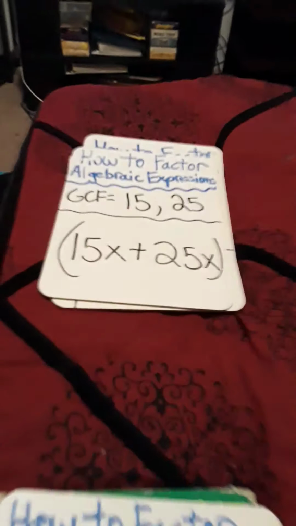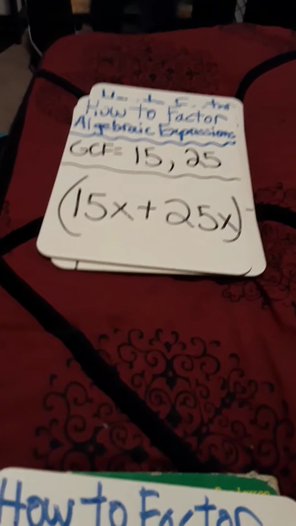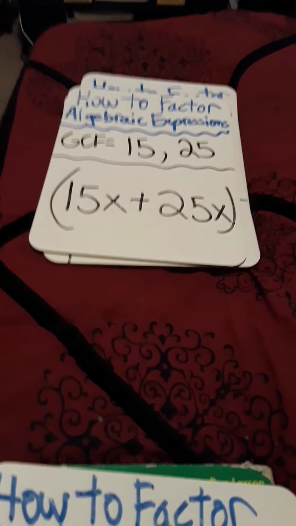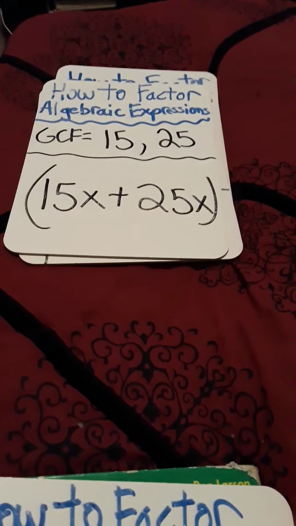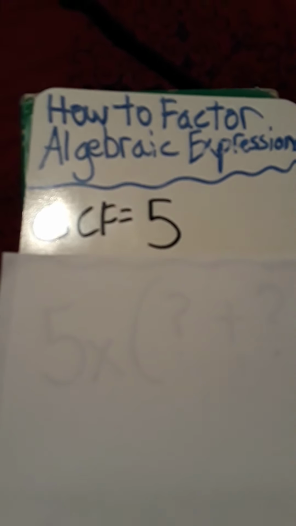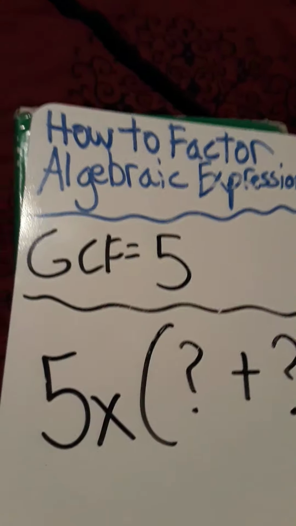You should be thinking about what the GCF of 15 and 25 is. Factors for 15: 1 times 15, 3 times 5. Factors for 25: 1 times 25, 5 times 5. I hope you said 5 was the GCF. Okay? Look at what we got to do with that.